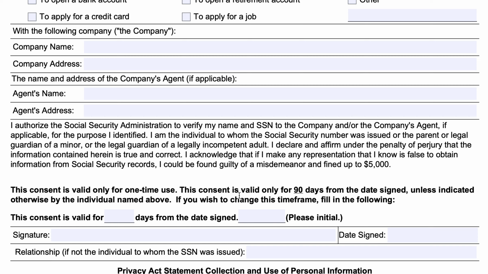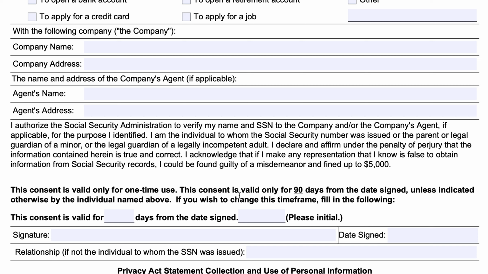Usually, I believe that it takes 1 to 2 weeks for the Social Security Administration to actually process this paperwork and verify the information. And after that, the company has no legitimate or valid reason to keep this record open.